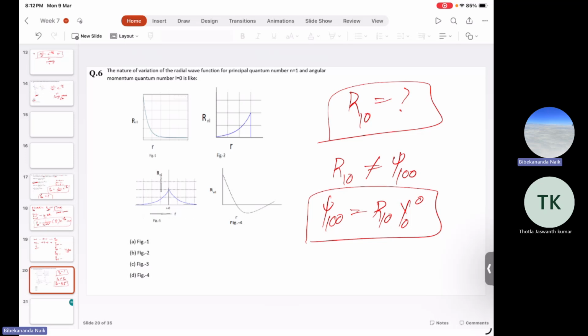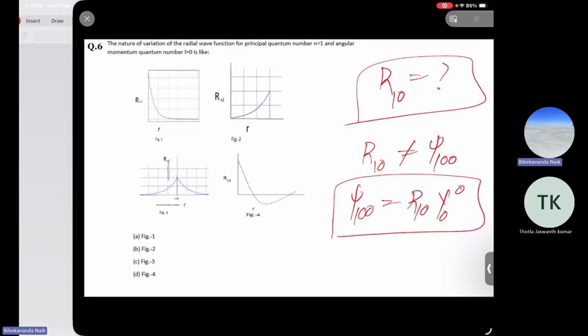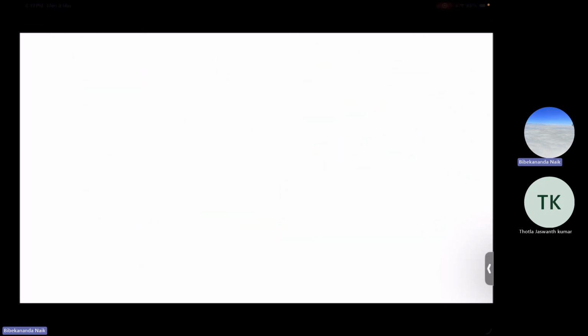So if we discuss the expression for R10, in general, what is the expression for RNL?